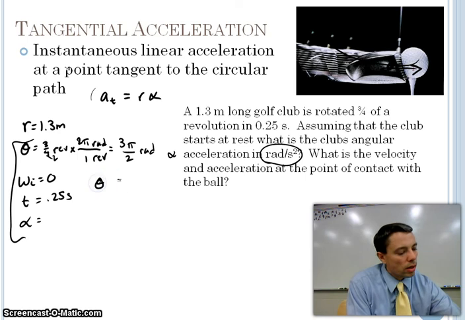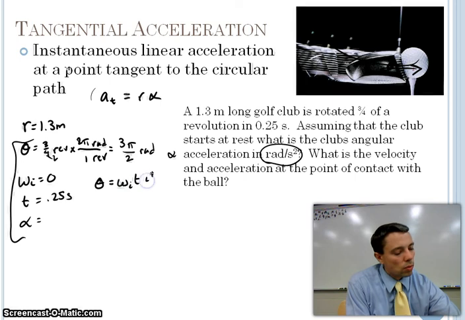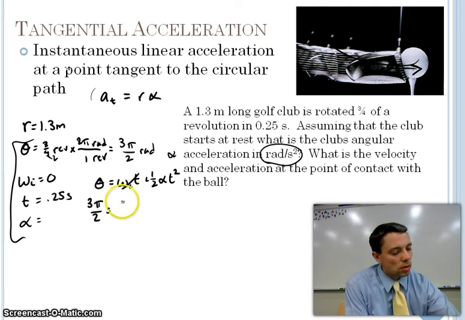So theta equals omega I t plus 1/2 alpha t squared. My theta was 3 pi over 2. My omega I was 0, so that disappears, and this is now 1/2 alpha t squared.